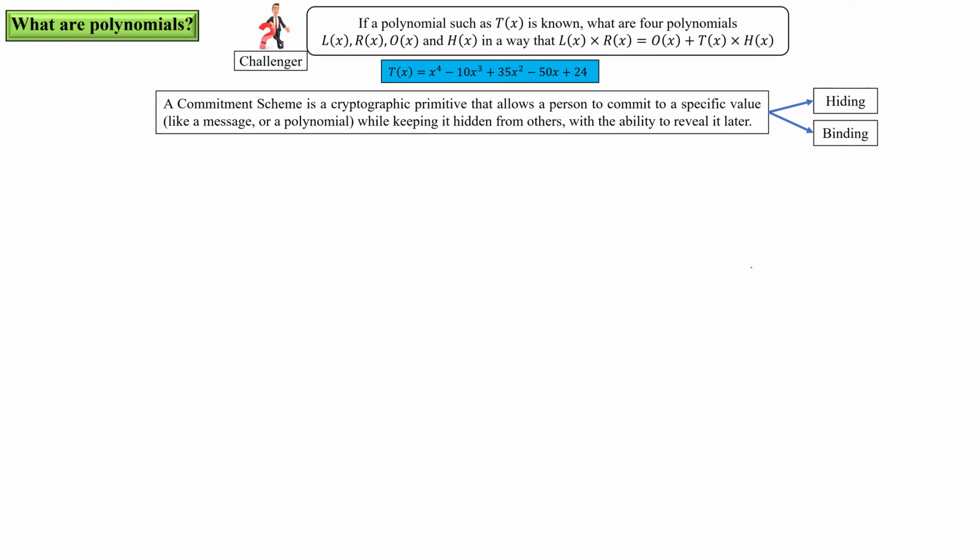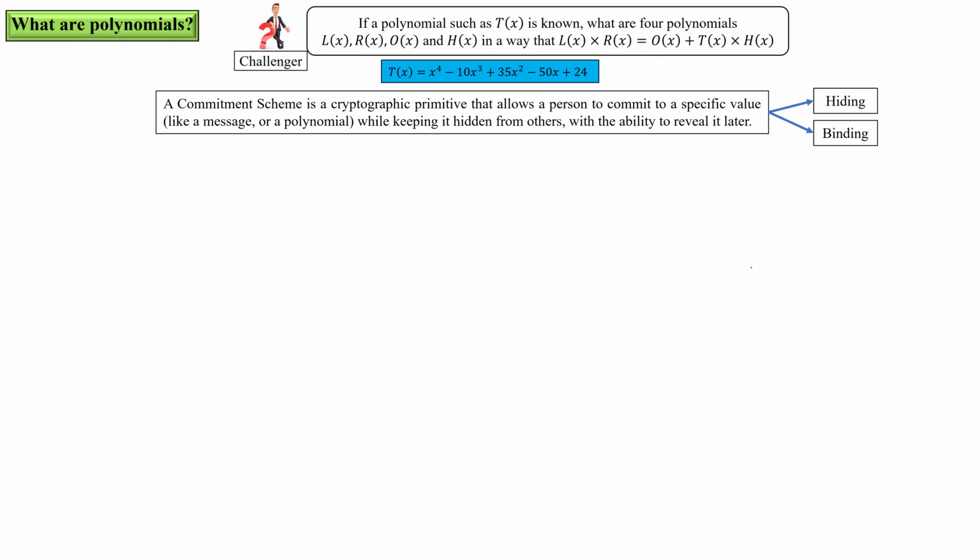Hiding means that from a committed value, you cannot retrieve the original specific value or the original polynomial. And binding guarantees that if the prover does some computation, it would definitely be derived from the polynomial. The prover would be bound to that specific polynomial.